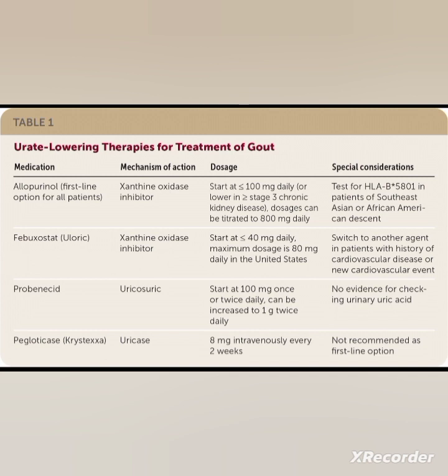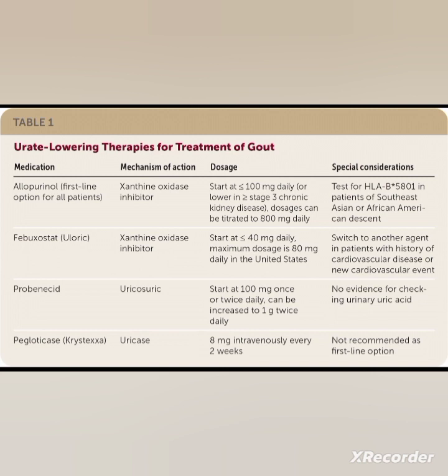Intra-articular prednisolone injections can be given in acute attack to reduce pain and inflammatory response. Then allopurinol. Allopurinol is the first line drug used in gout. It is a xanthine oxidase inhibitor and is started at less than or equal to 100 mg daily.